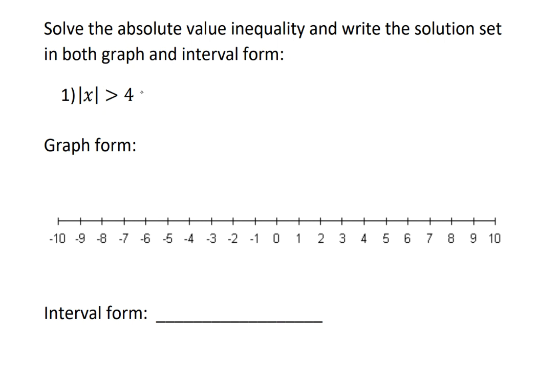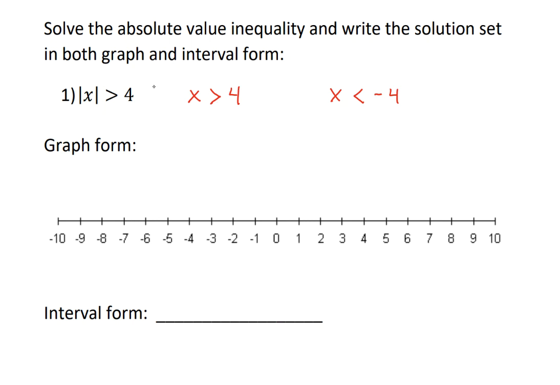So this would be x is greater than 4. And we would also write x is less than the opposite, which is negative 4. So when we're dealing with inequalities, we not only do the opposite of the number, both the positive and the negative, but we also flip the inequality symbol.